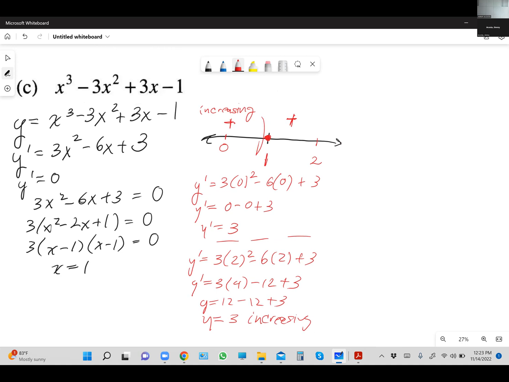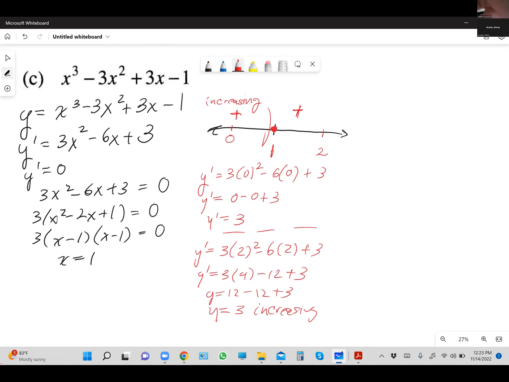So if I go back to the original function and substitute 1, y equals 1 to the third minus 3 times 1 squared plus 3 times 1 minus 1. That's 1 minus 3 plus 3 minus 1, so y equals 0.